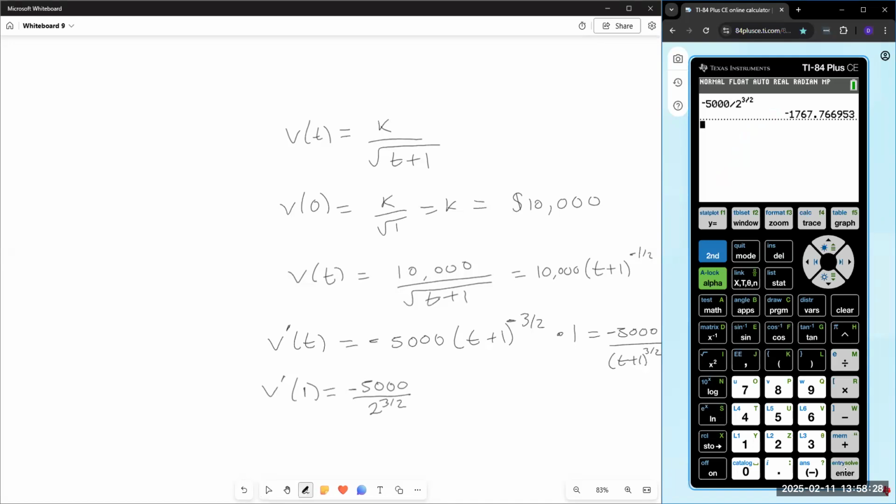And I get that that's about negative $1,767.77 per year, since T is measured probably in years.